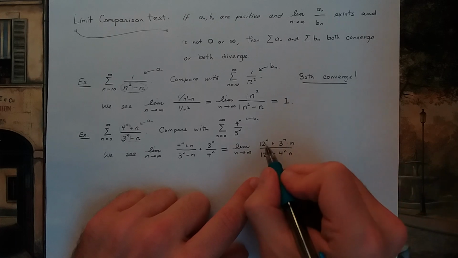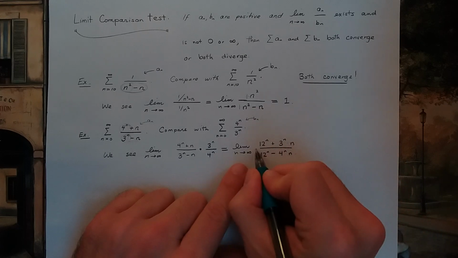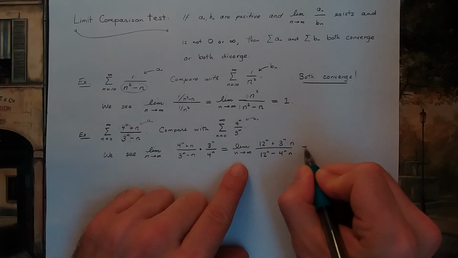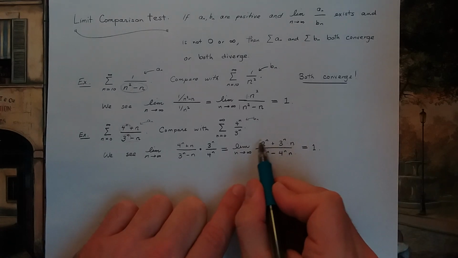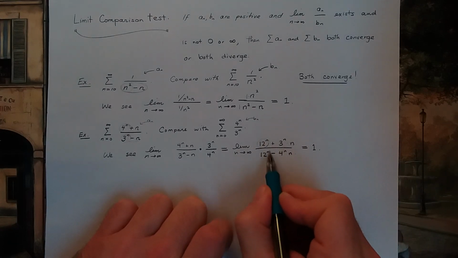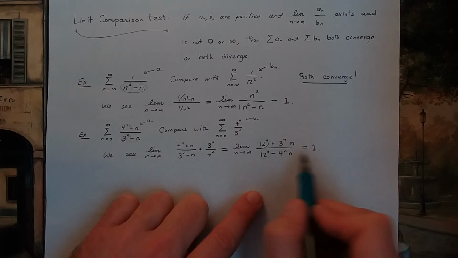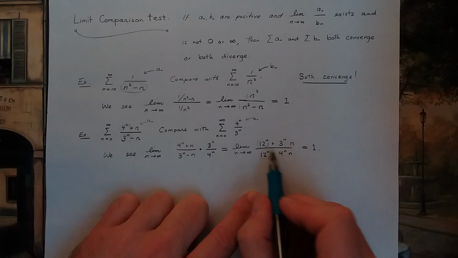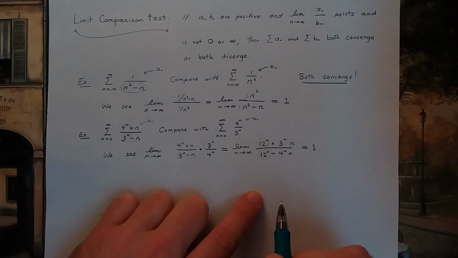Now, 12 to the n grows much more rapidly than 3 to the n times n. I could tell that this limit is going to be 1, because the most significant term on top is 12 to the n, and the most significant term on bottom is 12 to the n. Now, if you don't have the intuition, you could always use L'Hopital's rule or something to take the derivative here.